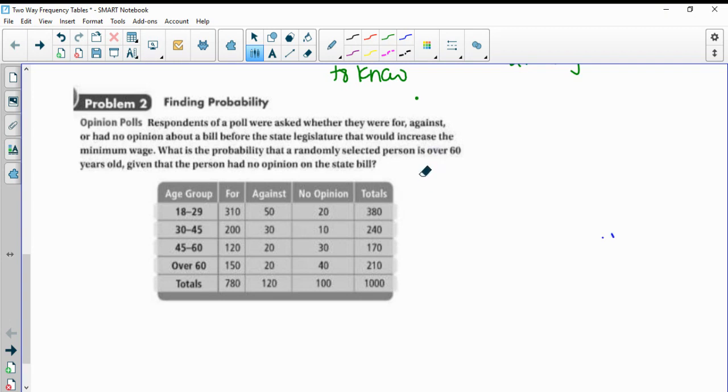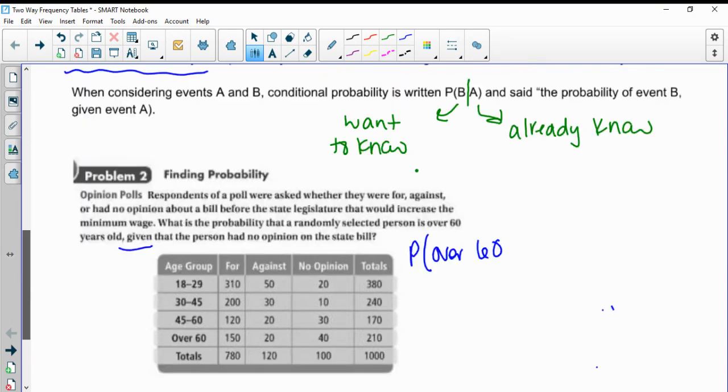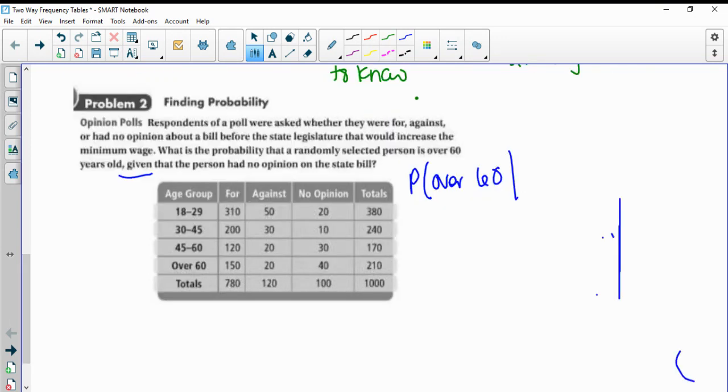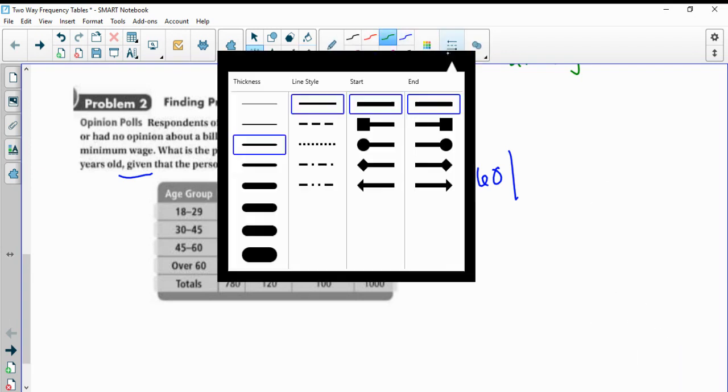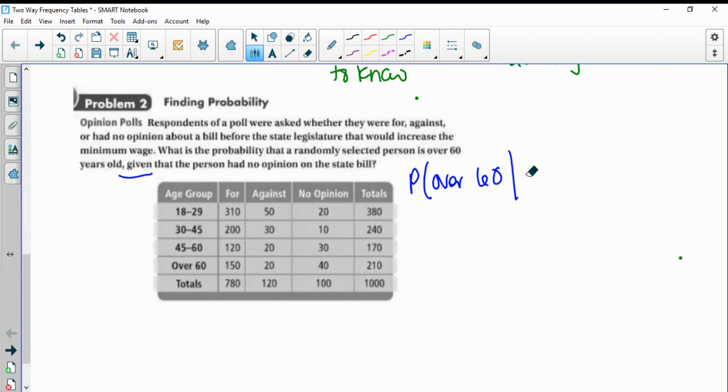So we want to know, it says, what's the probability? So probability that a person is over 60. And then it says given. Given is where I put that line right there. So given they had no opinion about the bill. Okay. So I'm going to say given no opinion.